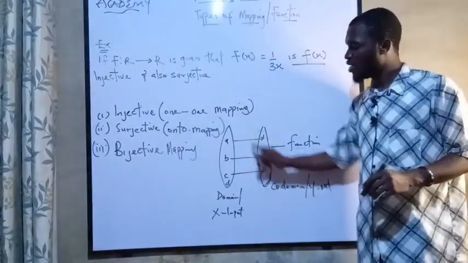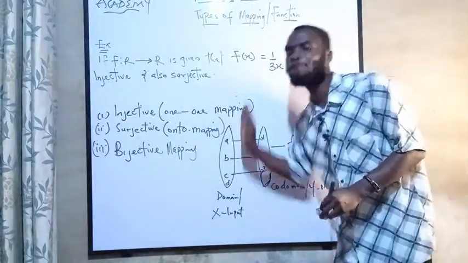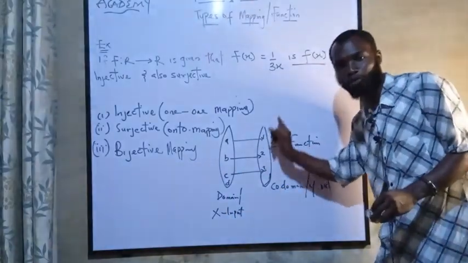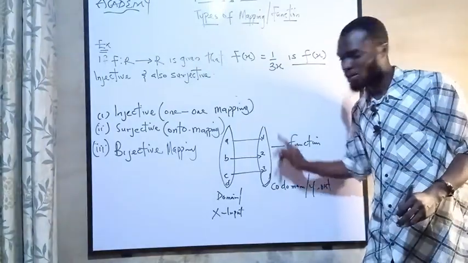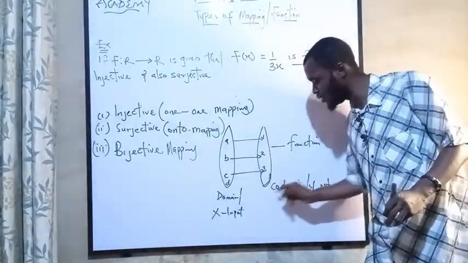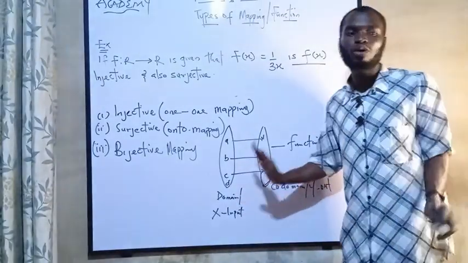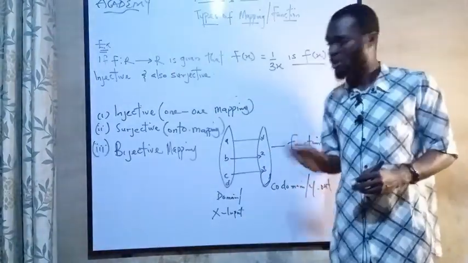Can we call this injective? No. Because we say every one of them, A, B, C, D, must be pairing with a specific image or element in the codomain. This D now, is it pairing to anything? So we don't call it injective. That is how you know.